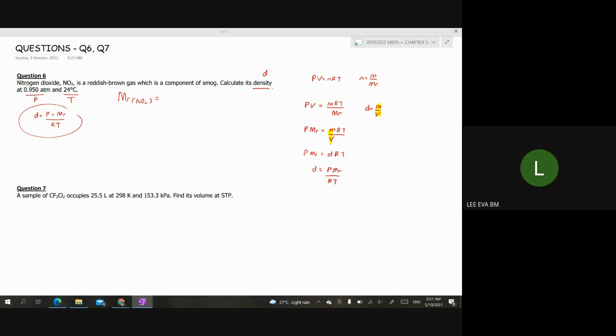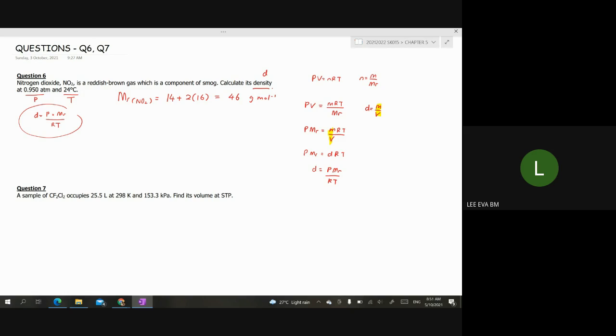So, we have the 46. Kepada sesiapa yang tak tahu macam mana nak kira molecular mass, you have to practice ya. Atomic mass untuk nitrogen 14, untuk oksigen 16. So 2 kali 16 and here give you 46 gram per mole.